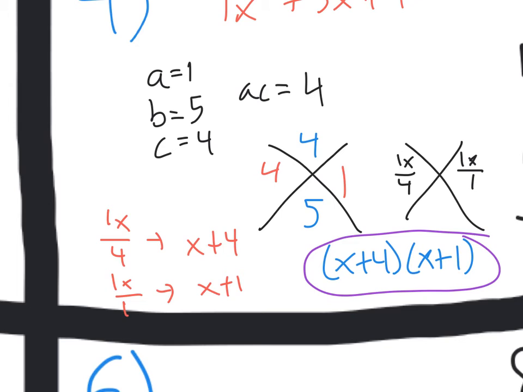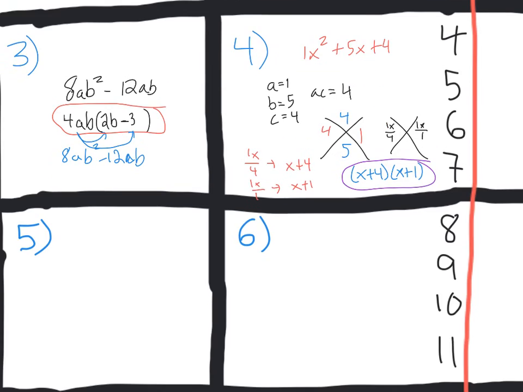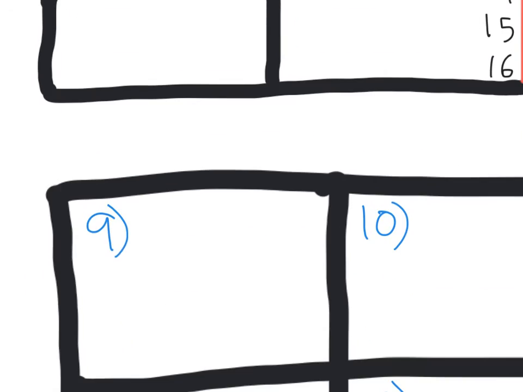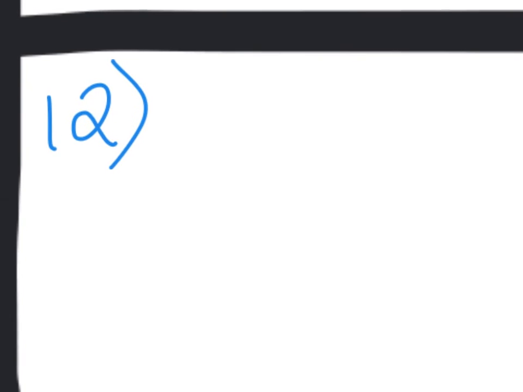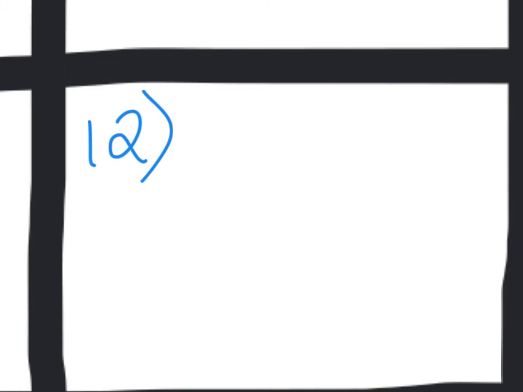Okay, let's do a little bit more complicated of an example using the magic x. How about, let's go to number 12. Number 12 is a good one. Okay, number 12.